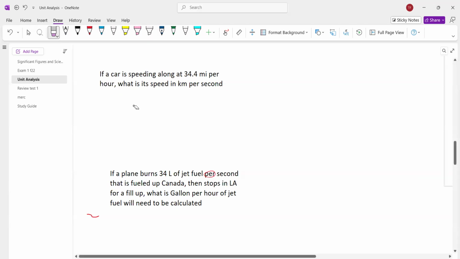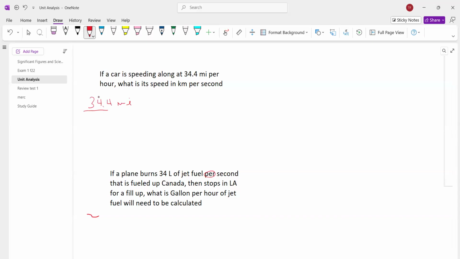All right, what's given? So if the given is a fraction, our calculated form is also a fraction. Kilometers per second. Whenever you have fractions, you start with a fraction and end with a fraction.